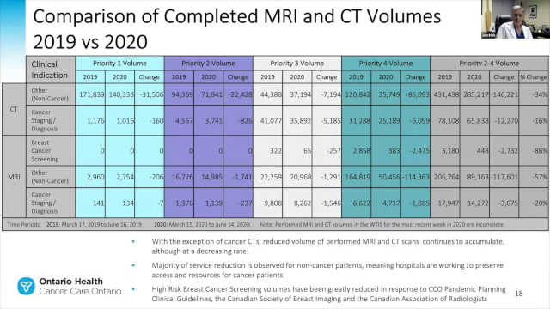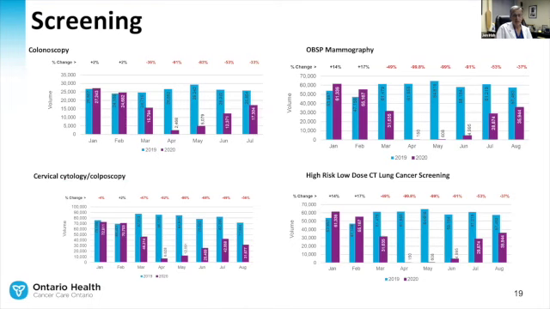And just to further emphasize that, if you go to the next slide, here is the screening activity, colonoscopy, screening for colon cancer. You can see the dramatic reductions in screening activity in colonoscopy, cervical cytology and colposcopy, mammography for breast cancer, and finally high-risk patients with low-dose CT scan lung cancer screening.